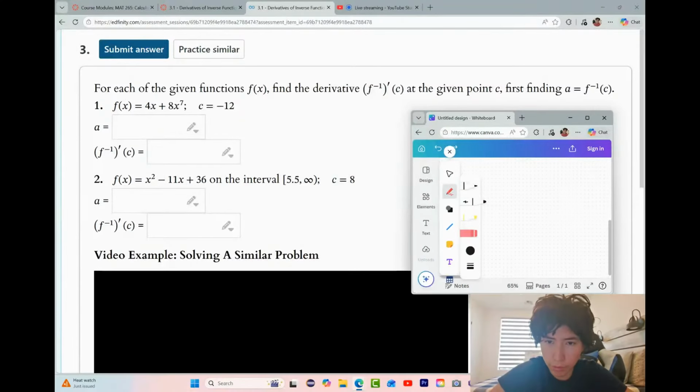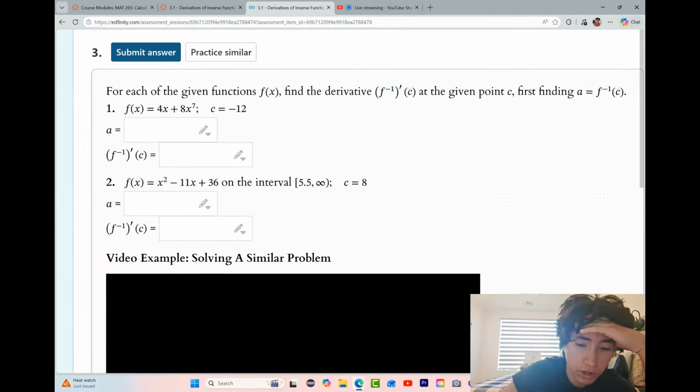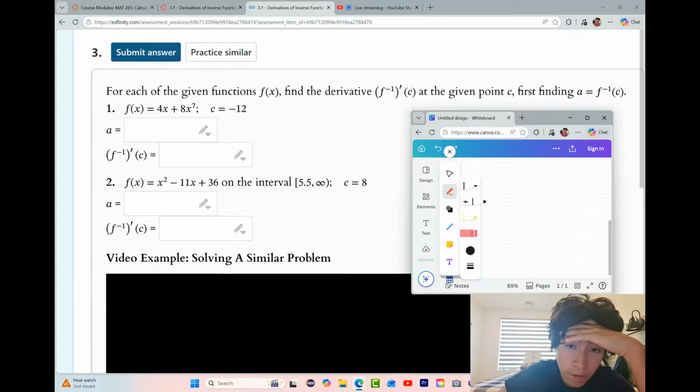So I'm just gonna zoom out a little bit. For each of the given functions, we have a given function right here and a given point right here. Find the derivative f inverse prime of c. Yeah, so that's x equals c, at a given point c, first finding a equals f inverse of c.